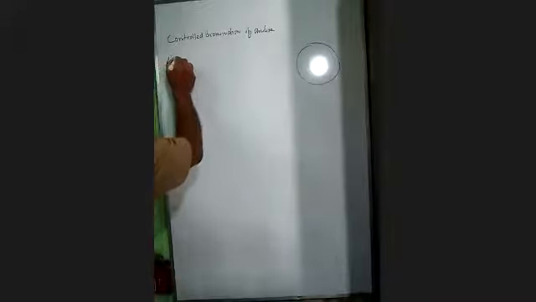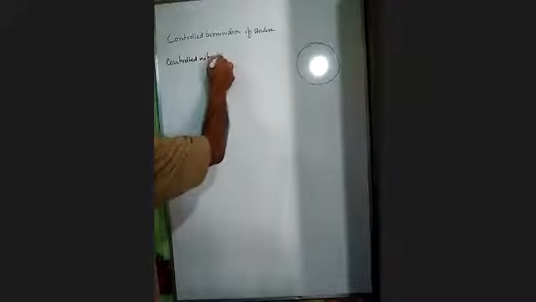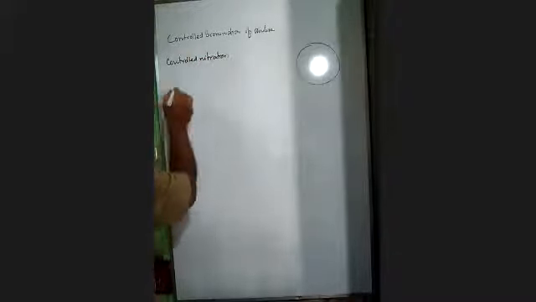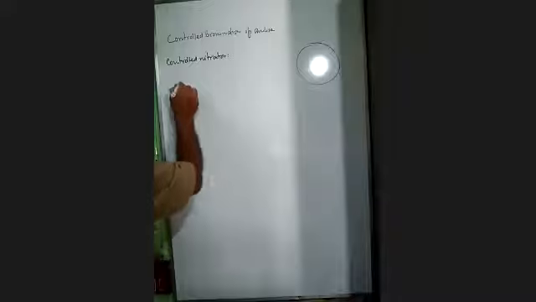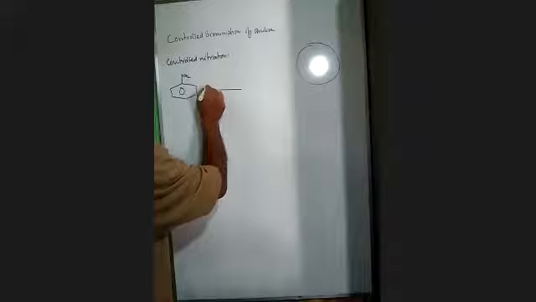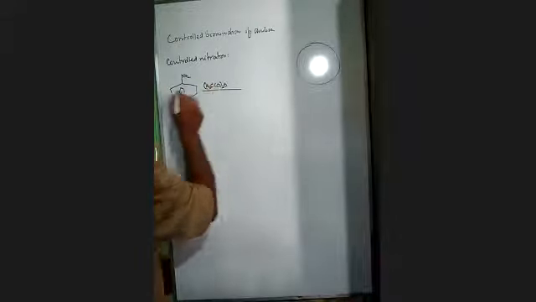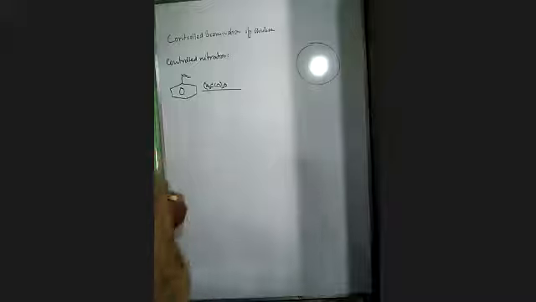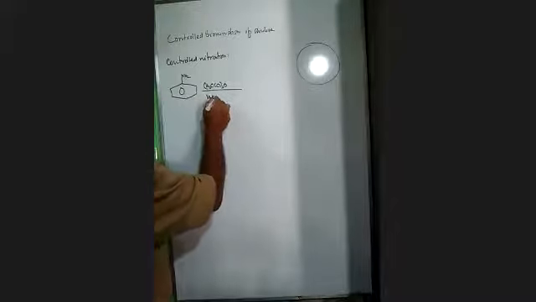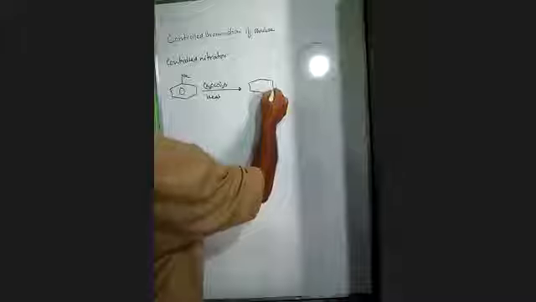Controlled nitration. So this is aniline, then acetic anhydride. Instead of writing such a long formula, you can write like this. Then we write here heat. Then what you will get here now?